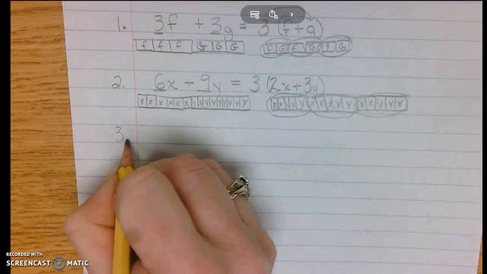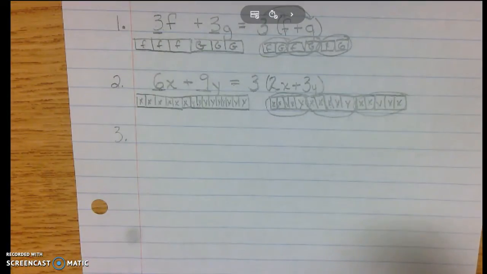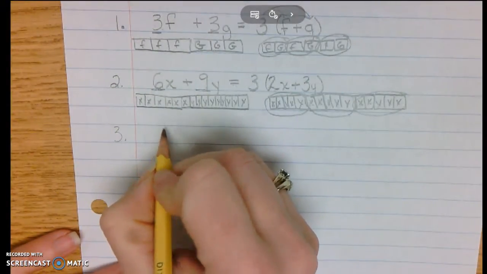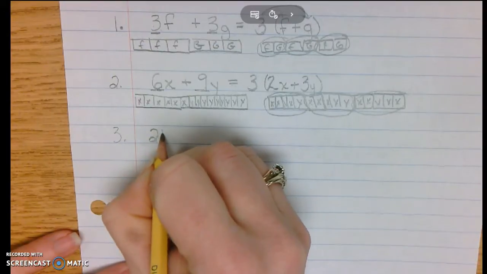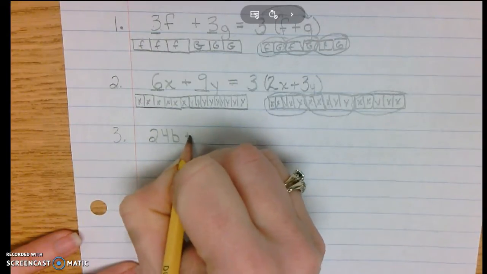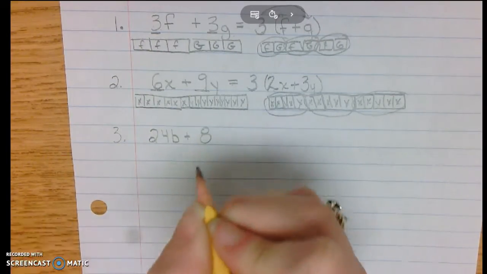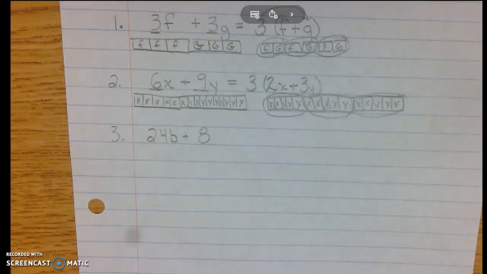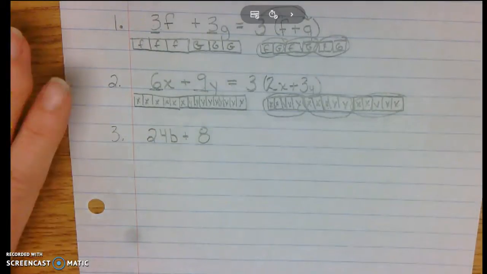So now I'm going to give you a couple more that I want you to write down and try to factor out on your own. So we have 24b plus 8. So let's try 24b plus 8.